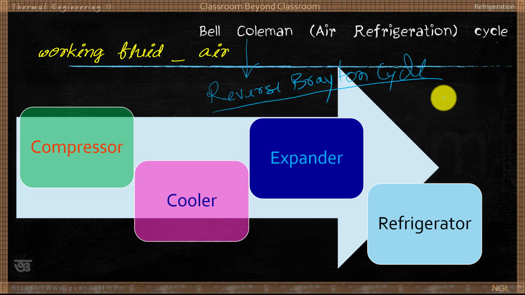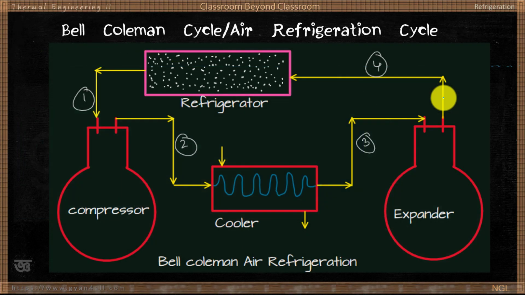In the gas turbine, the Brayton cycle has one compressor, one heater or combustion chamber, then one turbine, which you can think of as an expander, and one heat rejection process. So the same processes will be there, but only the direction is reversed. That is why it is called the reverse Brayton cycle.